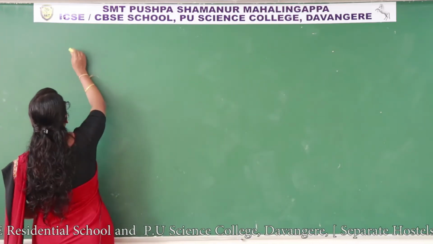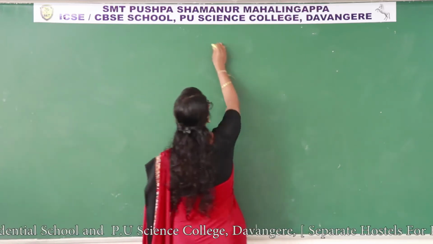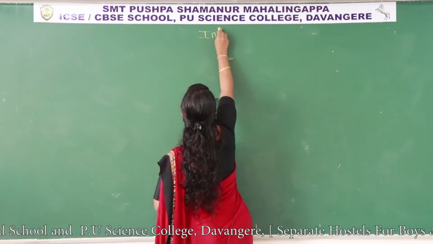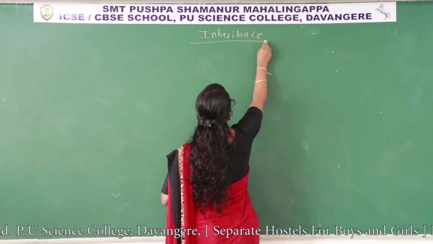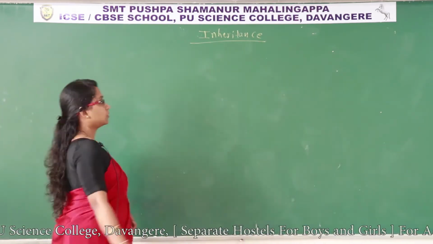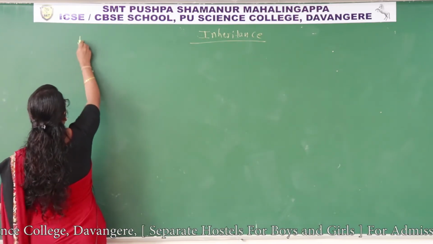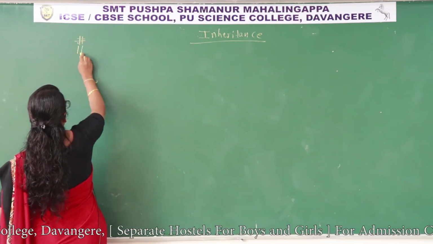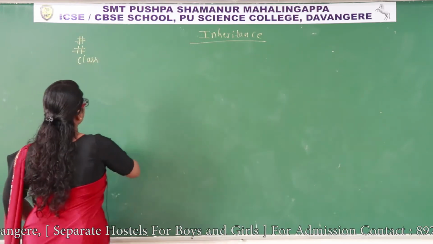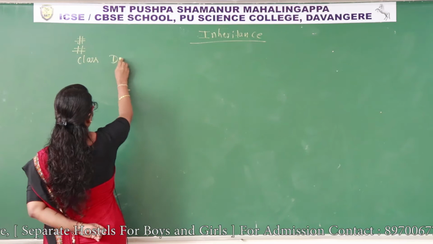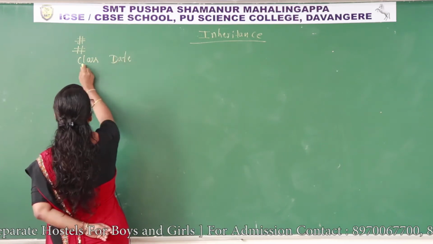I'll consider a class date. The chapter name is inheritance. Header files: #include iostream, #include conio. Class: I'll take class date.